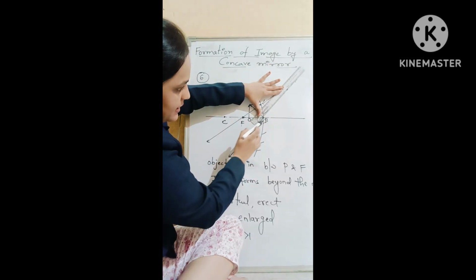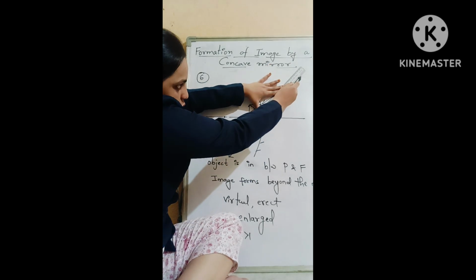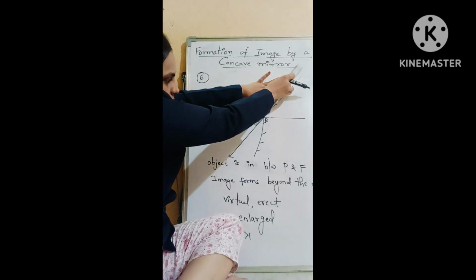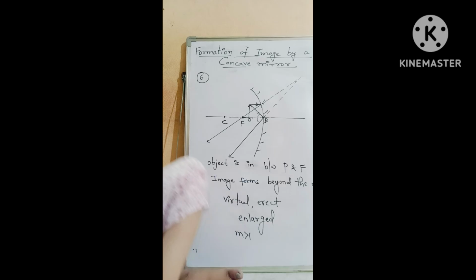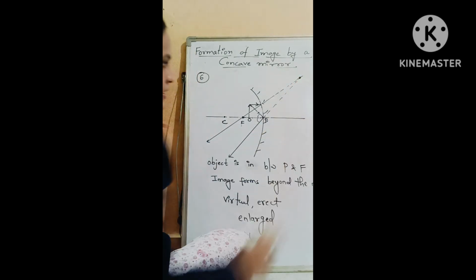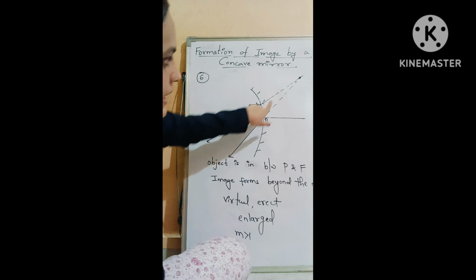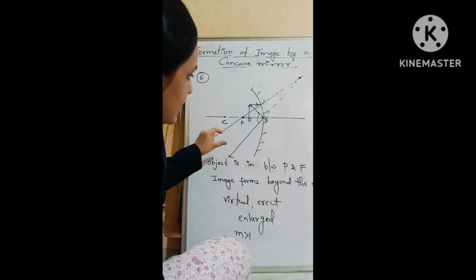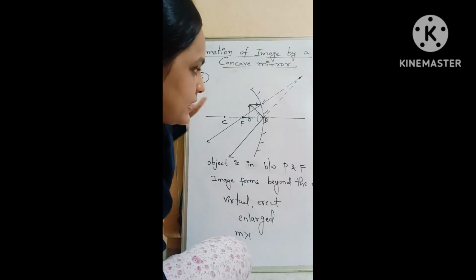This is the other reflected ray, and I'm going to extend back these two rays. Here you see, these two extended reflected rays are meeting. The actual reflected rays are not meeting; the extended reflected rays are meeting.